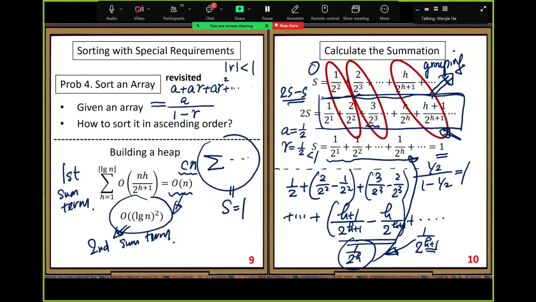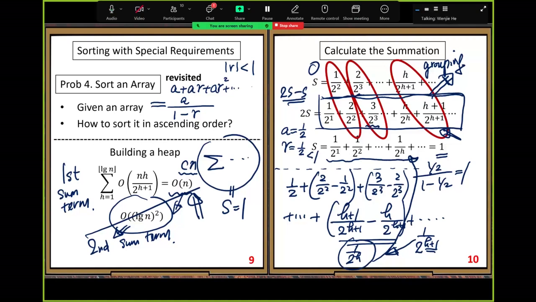So the first term dominates the second term, which means we can drop the second term. It's too small compared with the first term, so we drop it. We only keep the first dominant term, big O of n, that's the building cost.